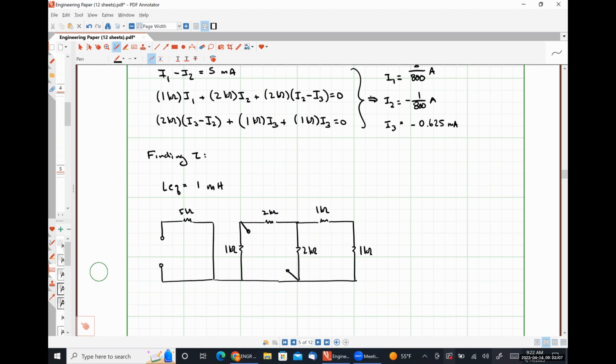These terminals that I'm drawing right now are where our inductor was. We take the inductor out and we look into the terminals left behind by the inductor because we're trying to find the Thevenin equivalent resistance with respect to the energy storage element. Okay? So looking in, what do we see?